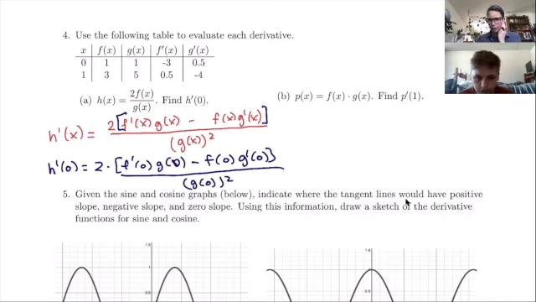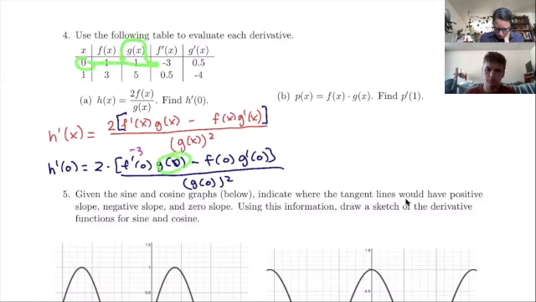Okay, now I can use the chart. What is f prime of 0 according to that chart? Okay, f prime of 0 is -3.